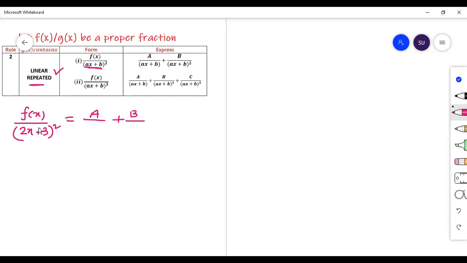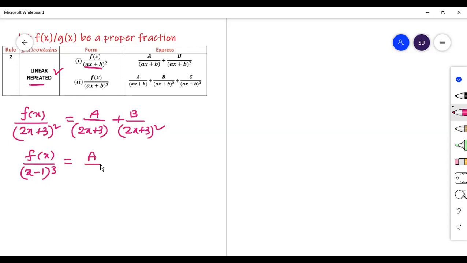Here it is repeated, so the logic to write is: first you write power 1, that is 2x plus 3, next 2x plus 3 whole square, like that. For example, f of x by x minus 1 whole cube. x minus 1 is a factor and it is repeated three times.